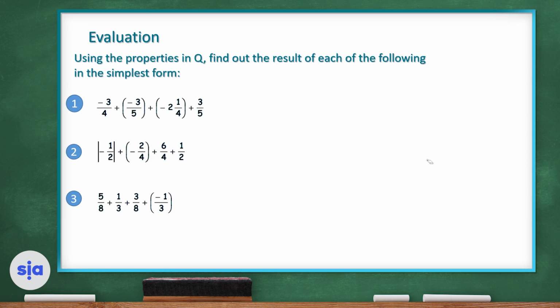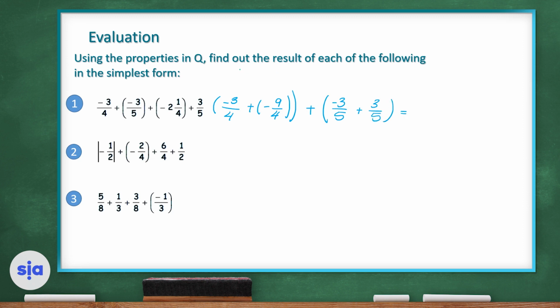Using the properties in Q, find out the result of each of the following in the simplest form. So here we're going to group the two fractions that have the same denominator together, the 2 and 1 over 4, we change it into negative 9 over 4, and then plus the other two fractions, the negative 3 over 5 plus the 3 over 5.